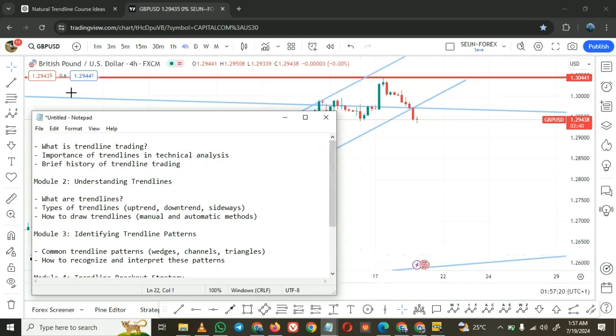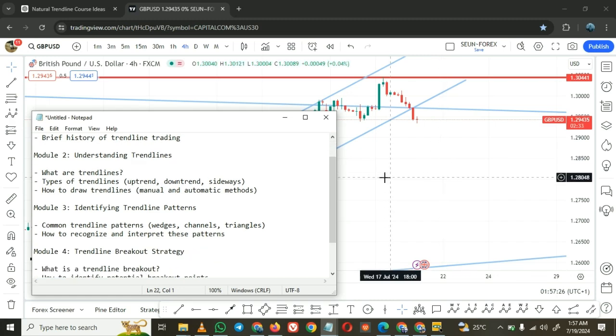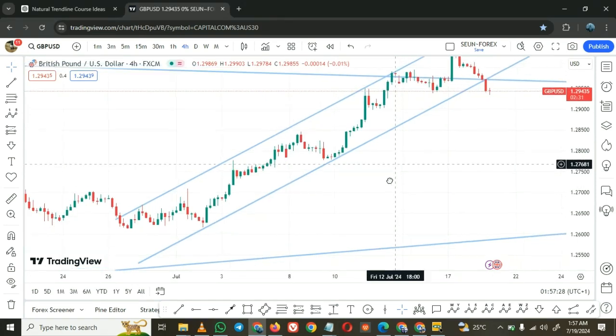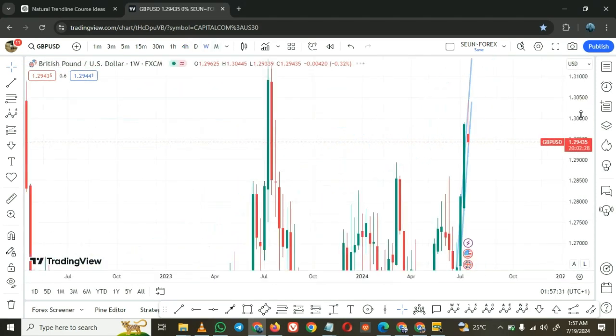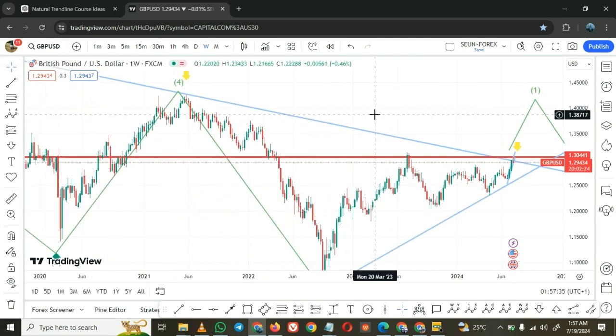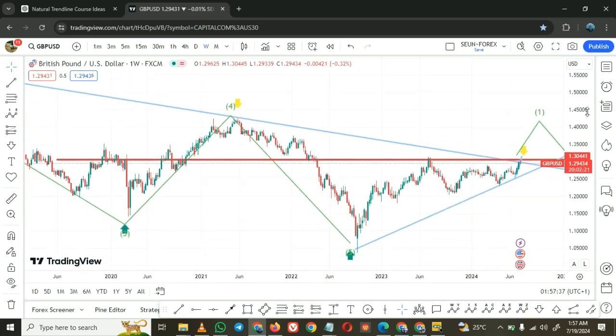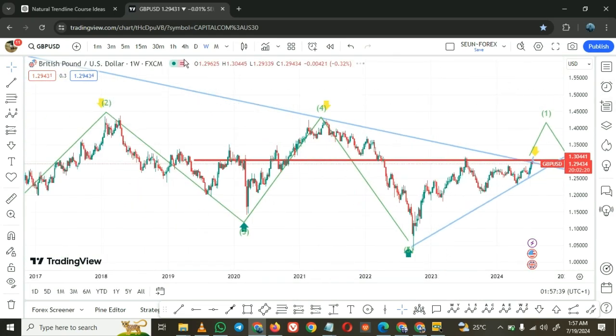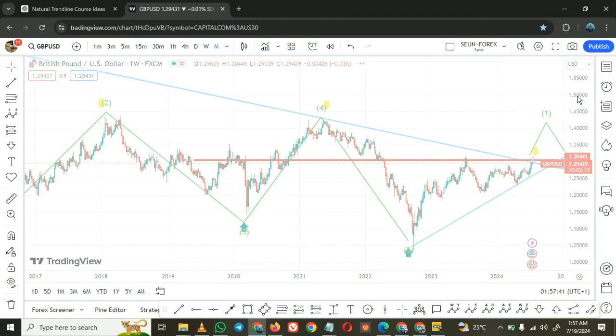So let's go back to our level. So I've explained the history, then what are trend lines, types of trend line. Wonderful. In the monthly time frame, we have different types of trend line. We have upward trend line, in which market is buying and buying and buying.